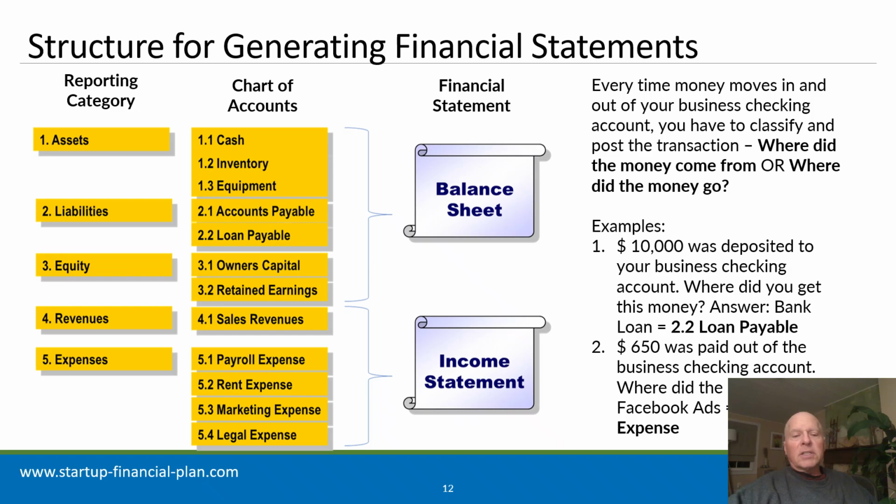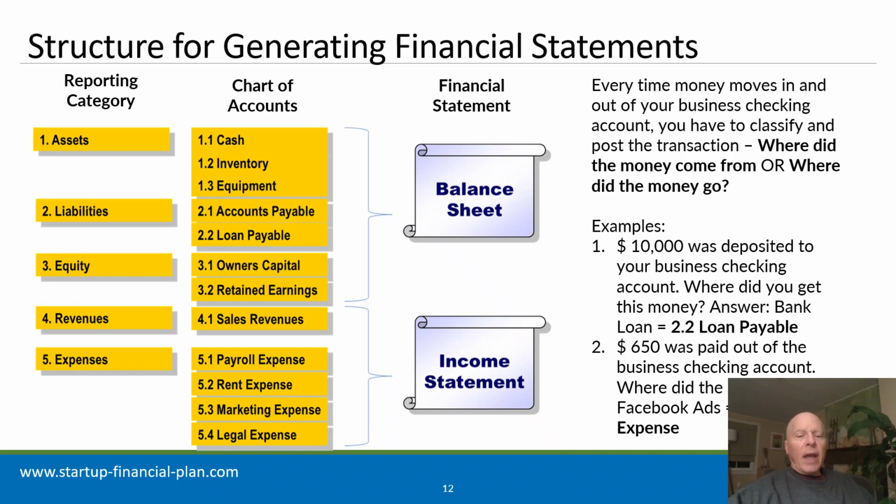So let me just summarize the accounting model. This is the last slide. At this point, I want you to make sure you understand the accounting model, the 3 financial statements. There are 5 major types of reporting categories of transactions in every business model: assets, liabilities, equity, revenue, and expenses. Then we further break it down into what they call a general ledger chart of accounts.